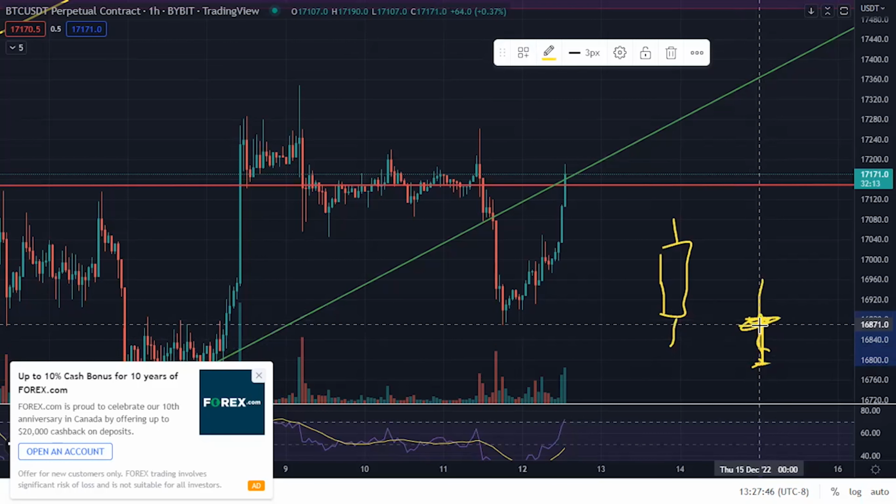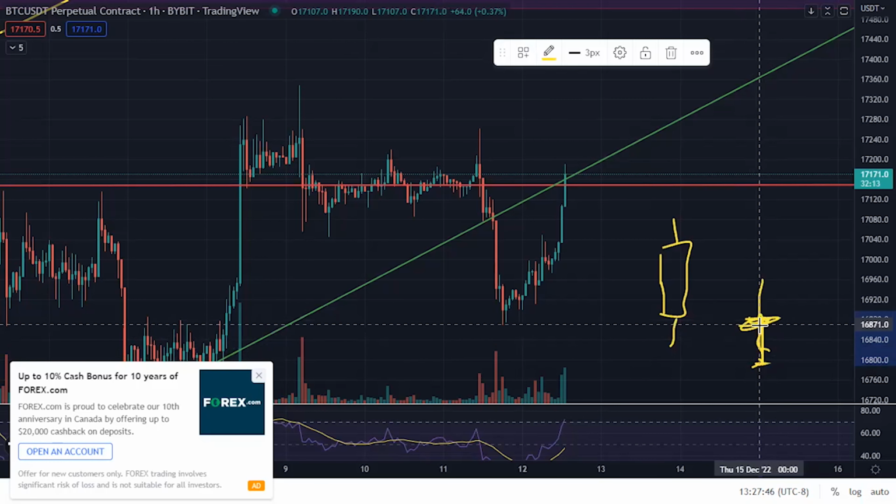You see here, O, H, L, C. The O stands for the opening price. The H stands for the highest price, the highest price that the candle went to during that time frame. The L stands for the lowest price it went to during that time frame. And the C stands for the closing price.